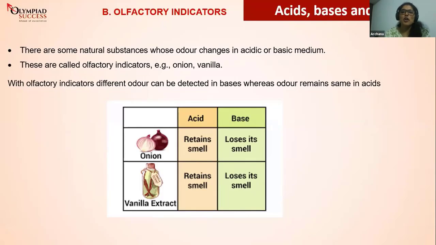If you put an onion in lemon juice, the smell will still be there. But if I put the onion in bleach or toothpaste, the smell will be lost. Similarly, vanilla extract will retain its smell in acid, but lose its smell when it comes in contact with base. So vanilla extract and onion are the olfactory indicators which are available.